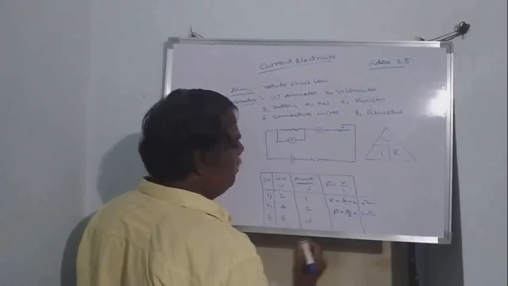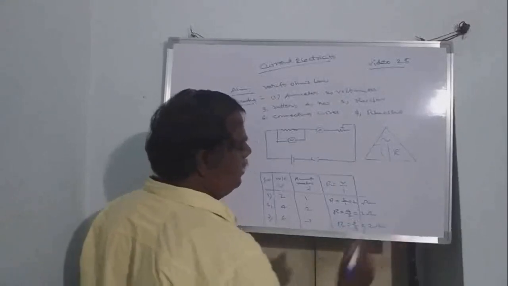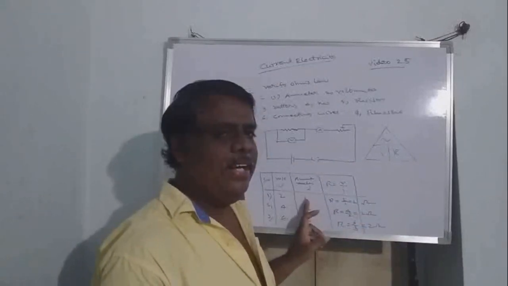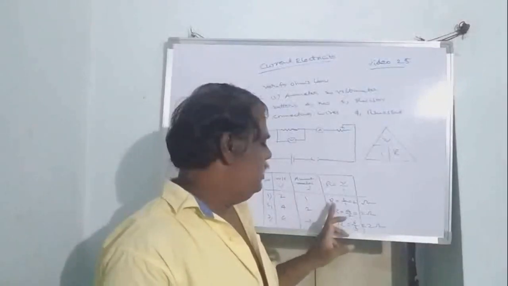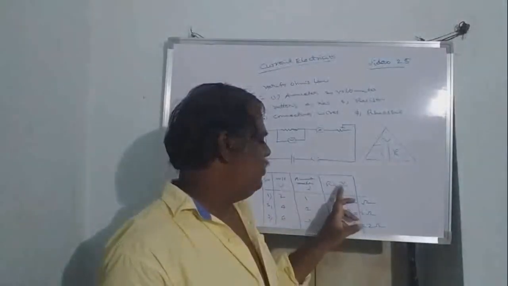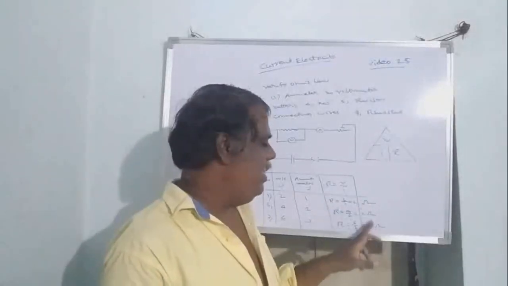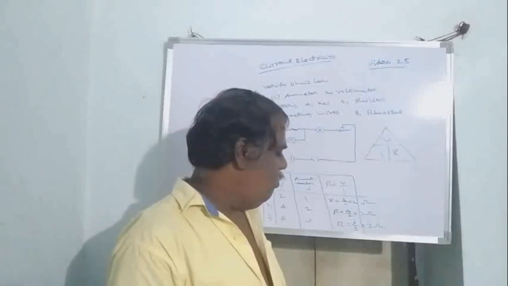Suppose the voltmeter reading is 6. So 6/3, again 2 ohms. That means if you increase the current, the corresponding voltage also increases in the voltmeter. So the ratio V/I, that means the resistance, is constant in all cases. This verifies Ohm's law.